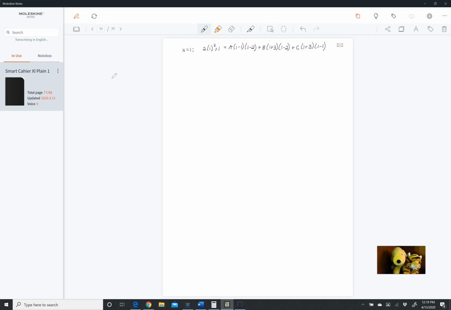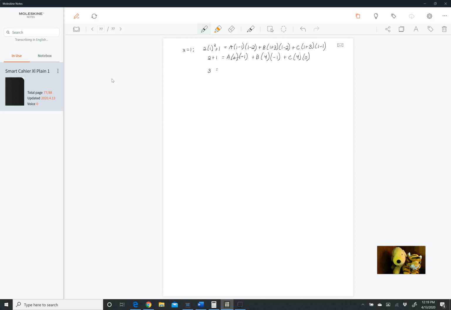So we get 1 squared is 1, so times 2 is 2. So we get 2 plus 1 is equal to A times 0, which should happen. You should always double check for that. Times negative 1, plus B times 4 times negative 1, plus C times 4 times 0. So 2 plus 1 is 3.